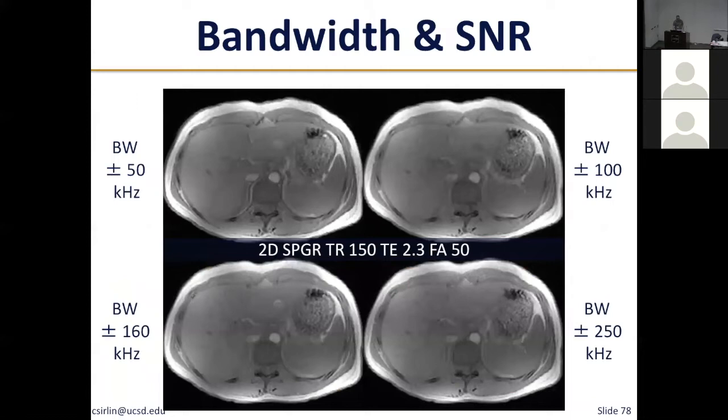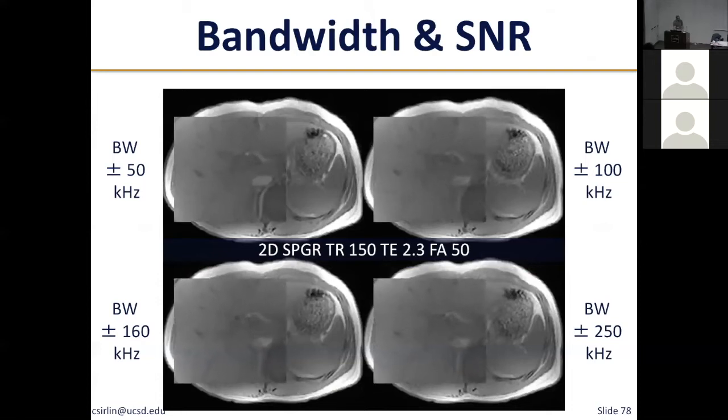So here we have a sequence. Here are the details in case you care. This particular individual was imaged with a bandwidth of plus or minus 50, plus or minus 100, plus or minus 160, plus or minus 250. Even if you don't really know what bandwidth is, you can appreciate that the bandwidth is going up, and as it goes up, the images become more and more grainy.